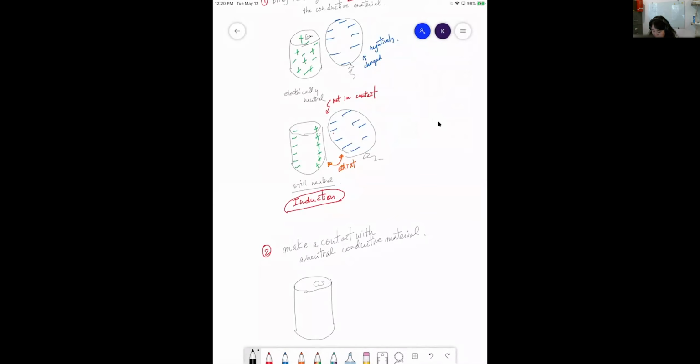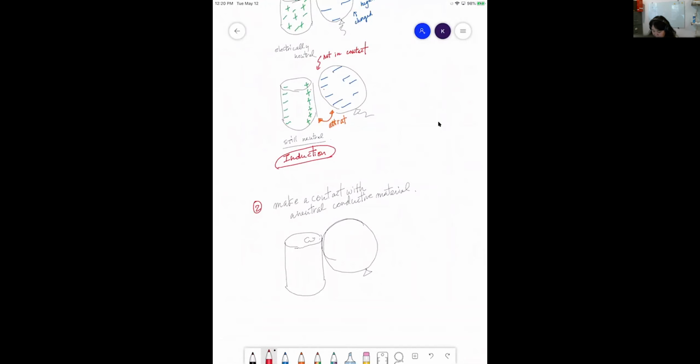But once we make contact, when it touches, this time it's touch. There are extra electrons. They like to repel, so they like to go and come inside here.